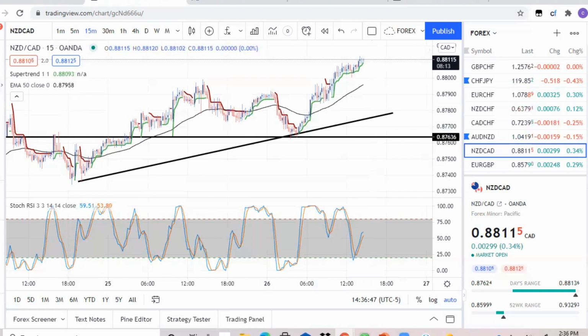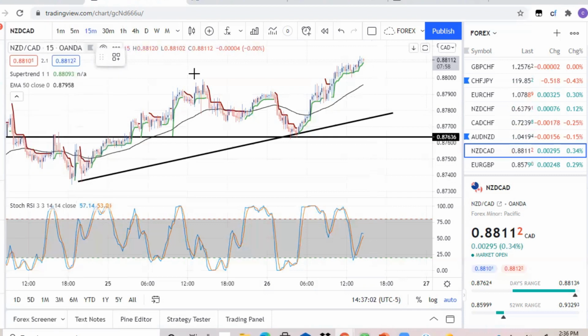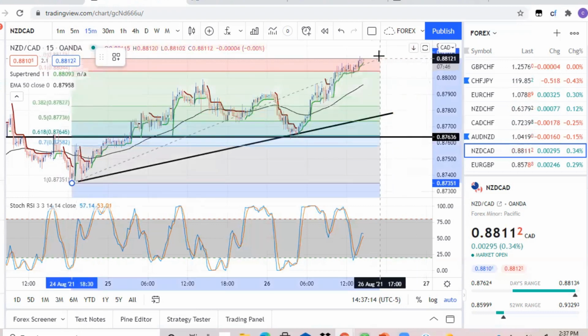And the next thing I would like to go on to is the measurement tools. Not really measurement tools, but they help you get a look at the market for retracements, trends, and things like that. You have the Fibonacci, which people usually use as a retracement tool. The way you use it, start at the lowest low, and then go up to the highest high.